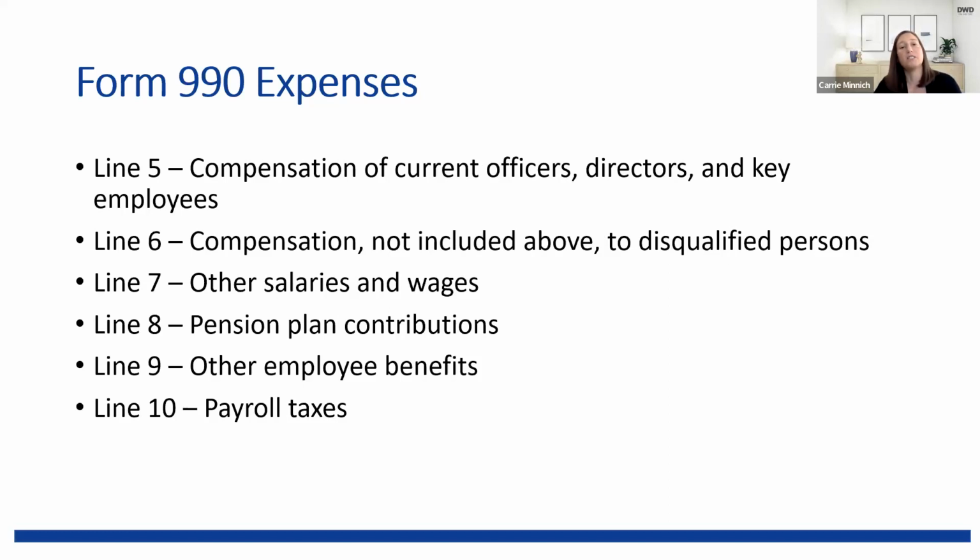There are very specific rules as to what these are, but basically it's your executive director, CEO, those people that have been hired to run the daily operations of the organization. On this line, you're going to include the salary, retirement contributions, insurance, those benefits that the organization has paid for that individual during the year.